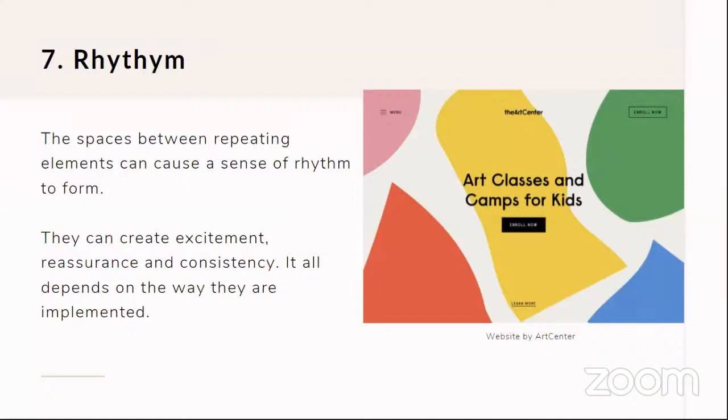When you go back, you can read up on this and go deep into it, right? They said it can create excitement or consistency. If I'm looking at these spaces, it's giving me a particular vibe. I said there are 5 types of rhythm: random, regular, alternating, flowing, and progressive.